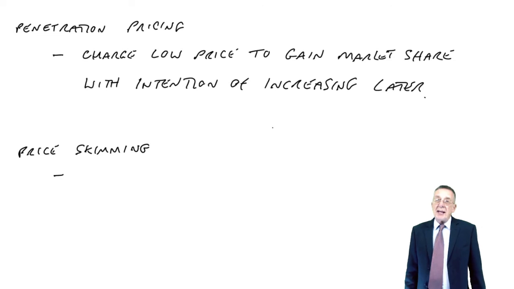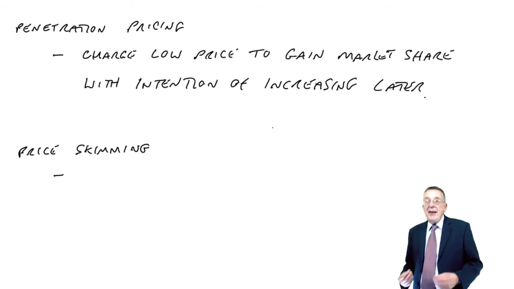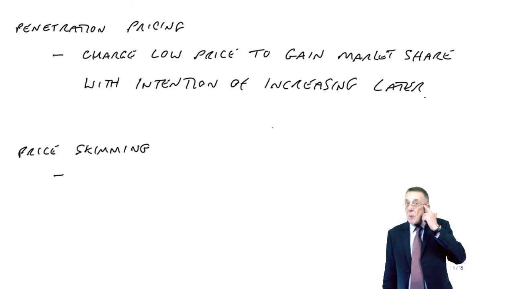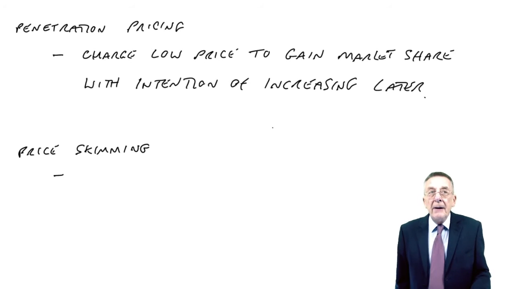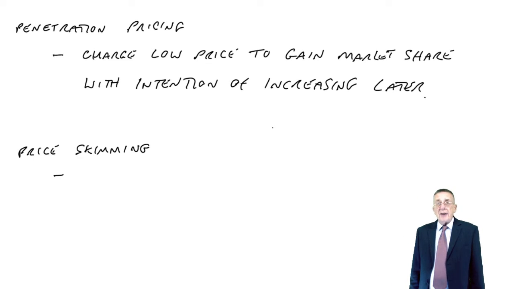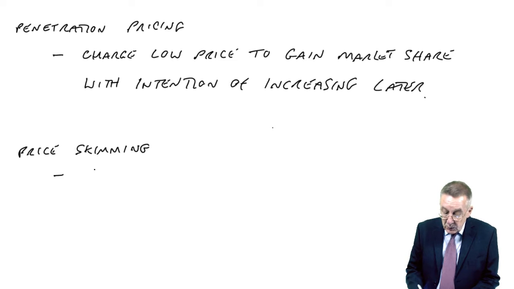And it always happens with new technology, always. Whenever anything new is invented like that, there tends to be a high price at the beginning and it falls. These days it tends to fall quite rapidly. People know what's going to happen. And it's only certain products. You couldn't do that really with coffee. It doesn't work. But that's what price skimming is.